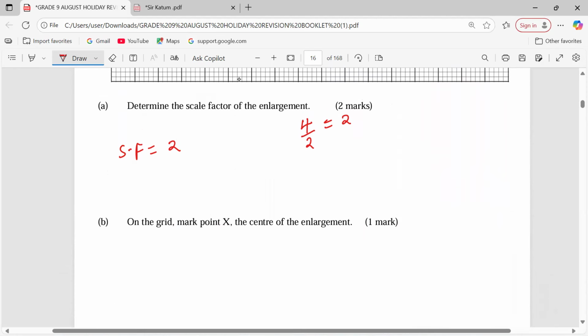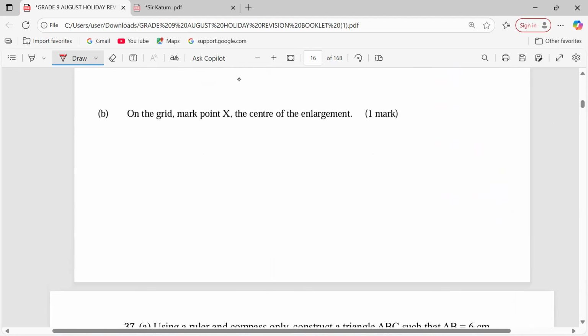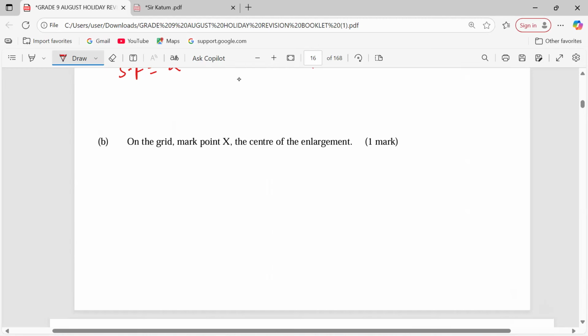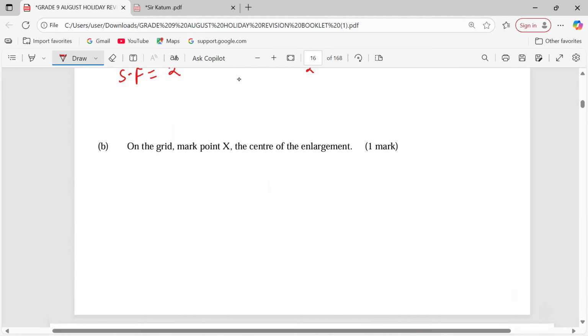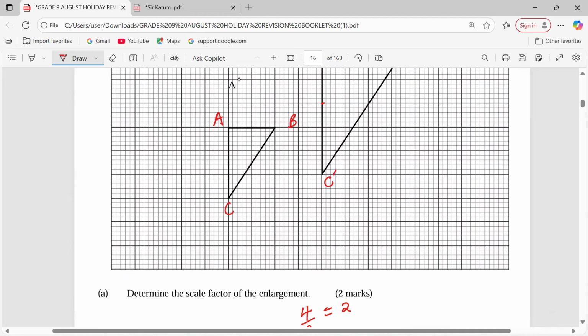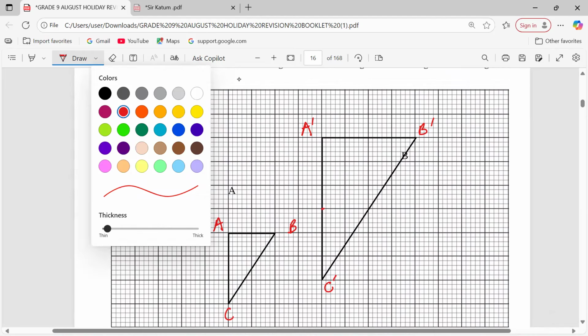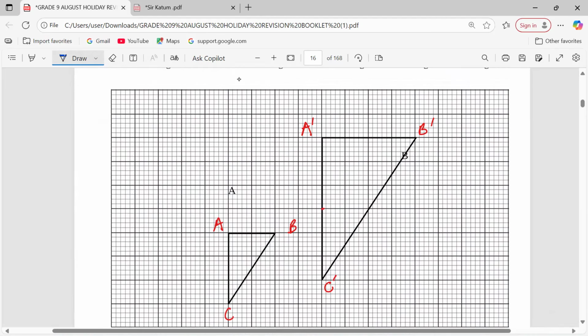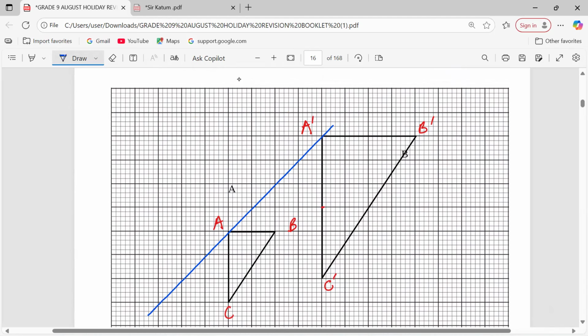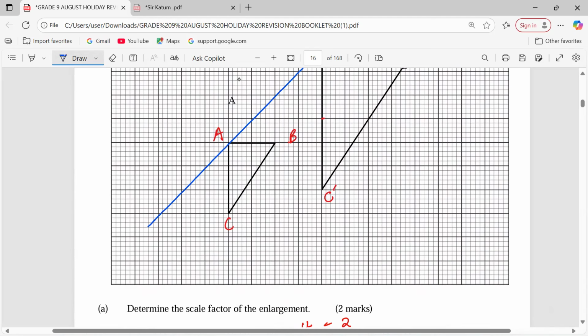Look at the second part, which is on the grid, mark point X, the center of the enlargement. So we are supposed to connect point A to A prime, B to B prime, then we prolong all of them. A to A prime and we prolong. Then C to C prime and we also prolong.